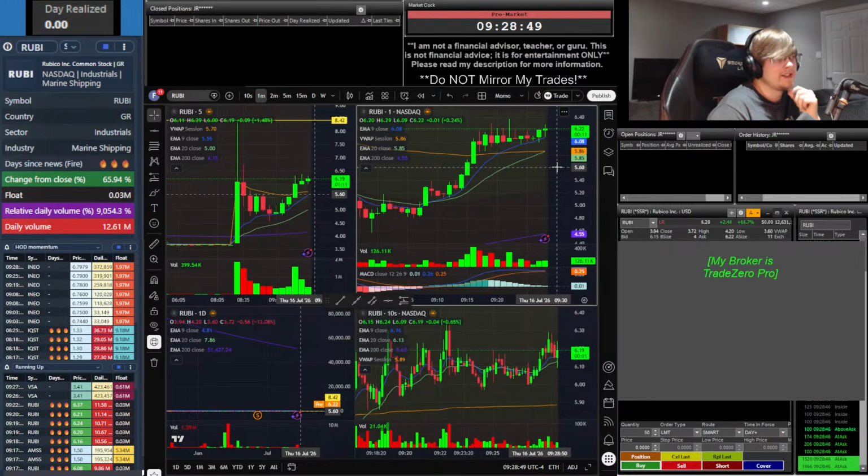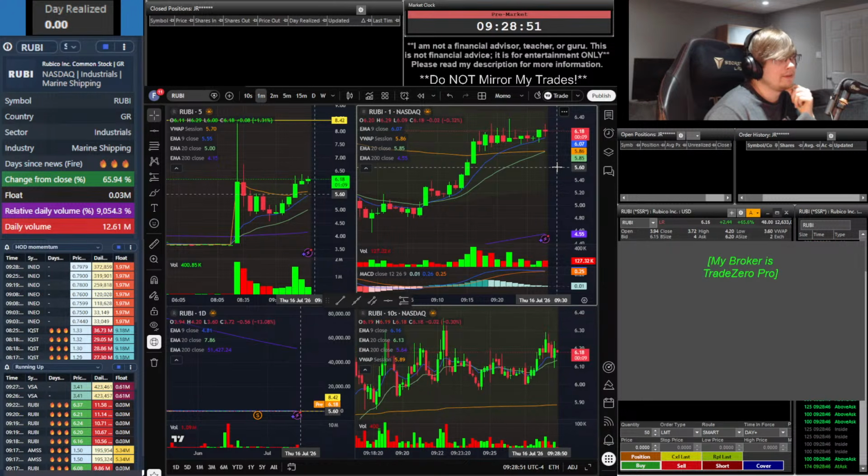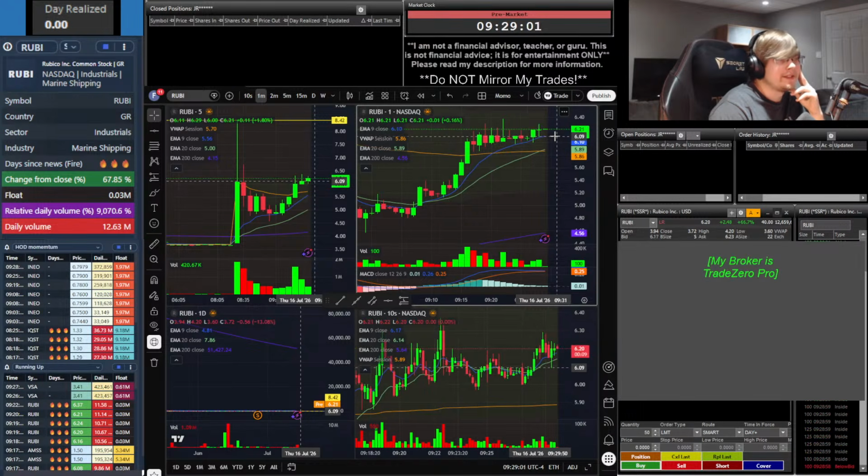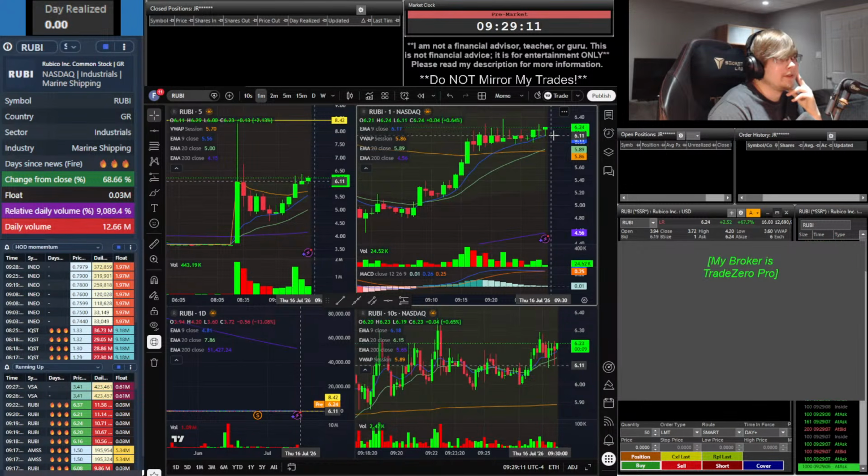So his cost basis might be between, let's say, take Ruby as an example. Let's say you buy at $6, 50,000 shares, and it pops up to 6.20, right? Your cost basis is going to be somewhere in between, like maybe 6.10, because your orders are filling as it's popping up. So your final order is going to be on average somewhere between 6 and 6.20.